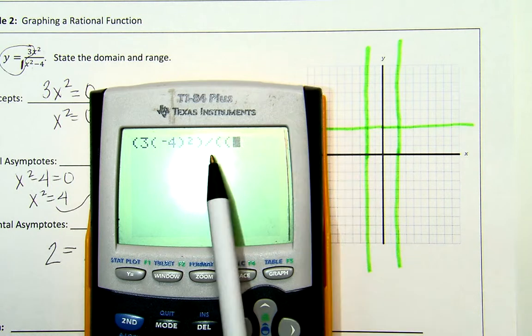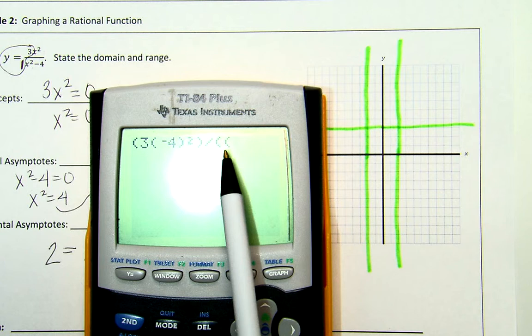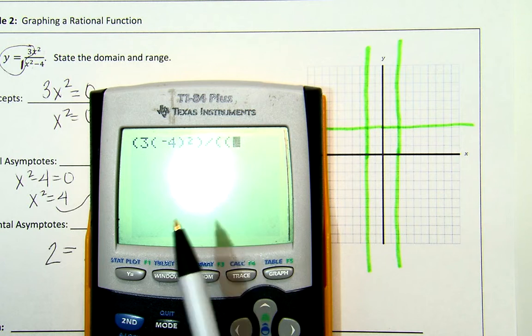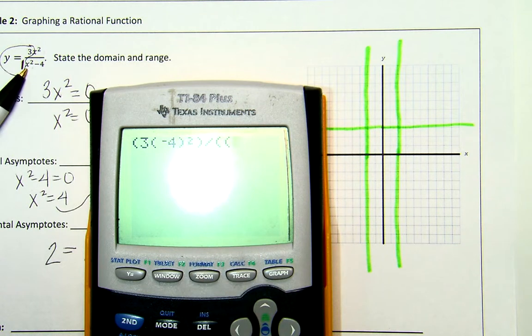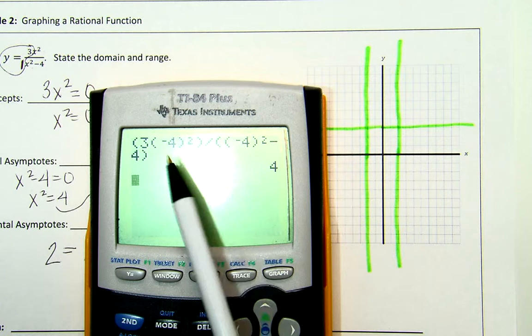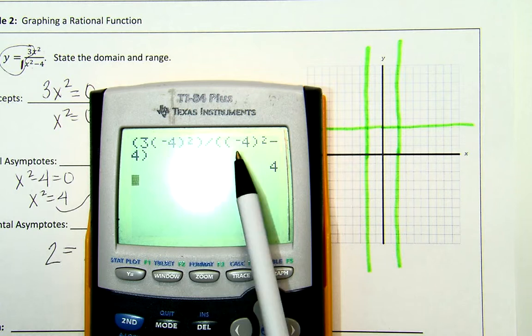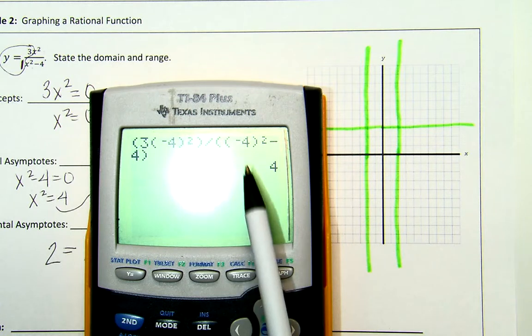The first parentheses covers my entire denominator, and the inner parentheses is for that x squared at the beginning of my denominator. So I'm plugging in negative 4 squared minus 4, end parentheses, hit enter, and I get 4 back out. Let me see, which should not be, negative 4 squared minus 4.